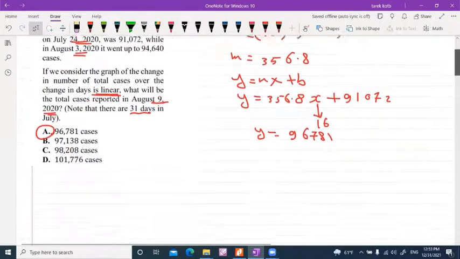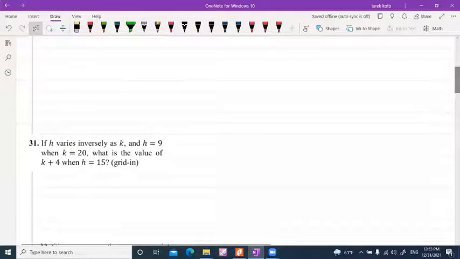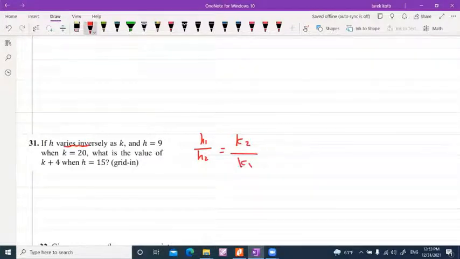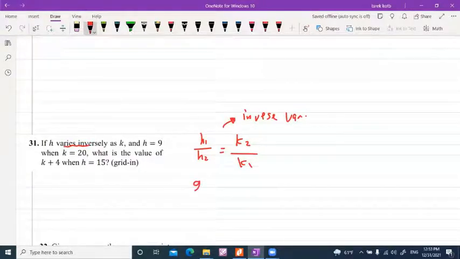Question number 31. If H varies inversely as K, when you say varies inversely it means H1 over H2 equals K2 over K1. This is the inverse variation. And H equals 9 when K equals 20.